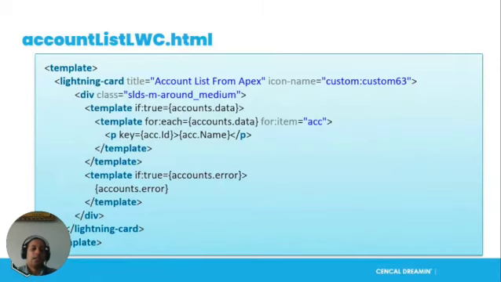As we just talked about before, when we want to create a Lightning Web Component in the .html file, we need to start our file with template. After that, we can use lightning-card, and we can, for example, add some conditions. Here I put a title on my lightning card, and I can add an icon name.